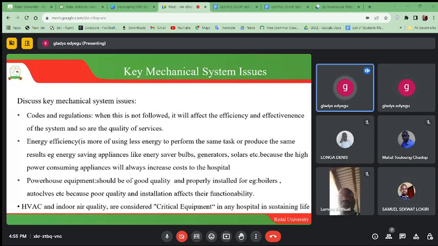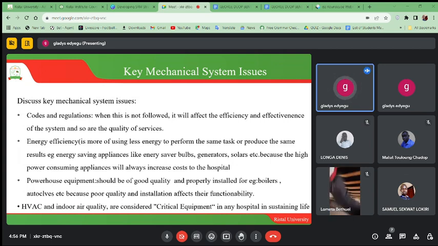The powerhouse equipment should be of good quality and properly installed. For example, the boilers and the autoclaves, because poor quality and installation can affect their functionability. The powerhouse equipment are equipment that we use for preparing or for supporting us when we are providing these quality services. So they have to be of good quality.